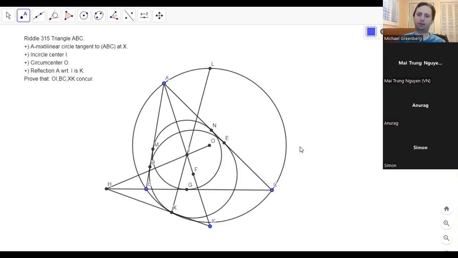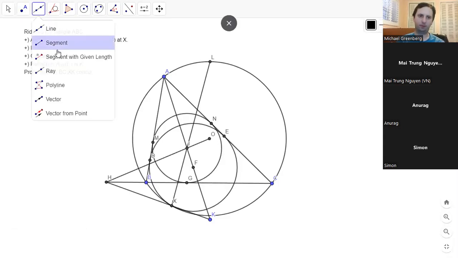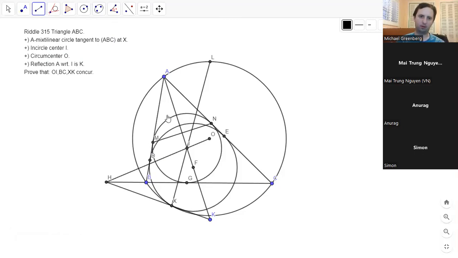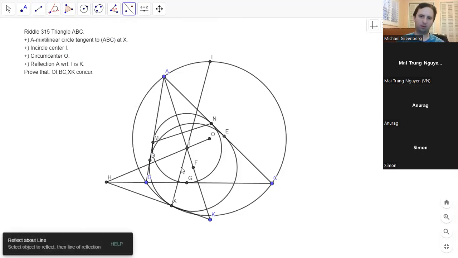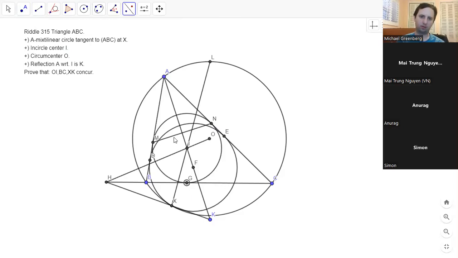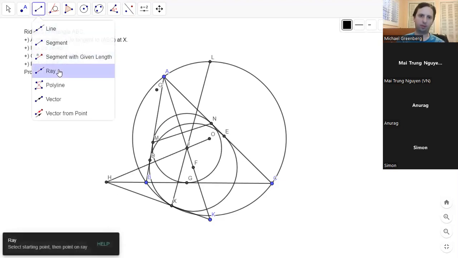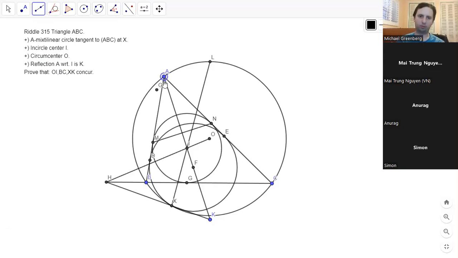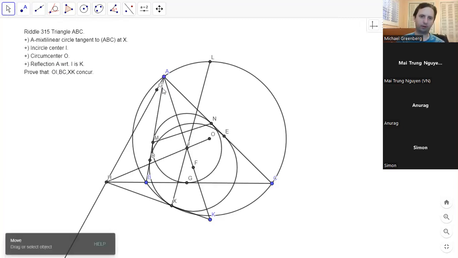Let me try Kahn's lemma. So Kahn says if we let G prime be the reflection of G over MN, then AG passes through H. Interesting.